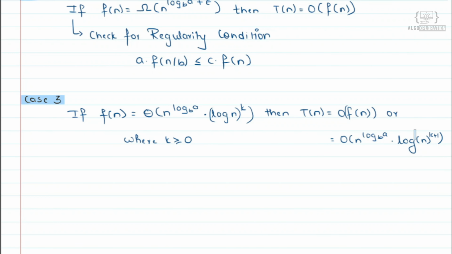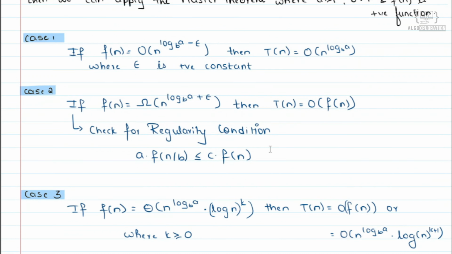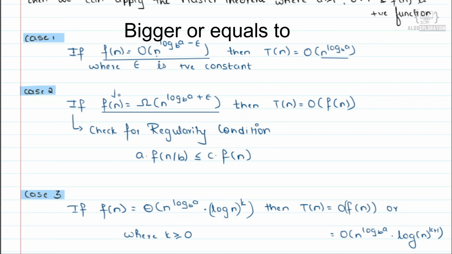Now for summarization, if you know the asymptotic notations big O, omega and theta, you will know that in this equation, if f(n) = O(n^(log_b a - epsilon)), here the term n^(log_b a) is bigger than f(n), so we will simply put T(n) = O(n^(log_b a)). When f(n) = Ω(n^(log_b a + epsilon)), in this case f(n) is bigger, so we will put T(n) = f(n).